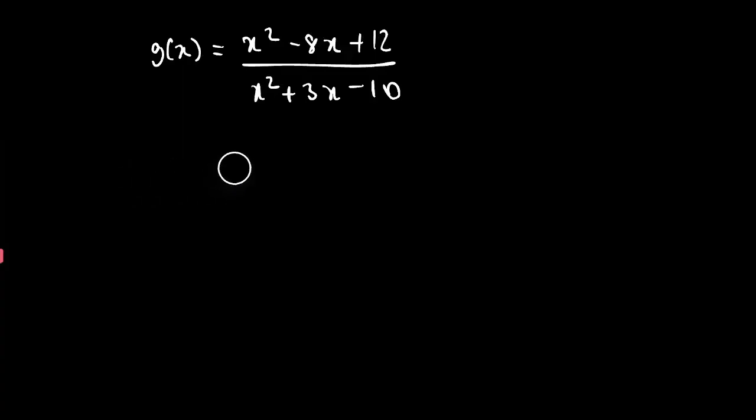An easy way to do that is if we simply factor it down, right? If we factor the numerator and denominator of this function, it may be easier to identify at what points we will have the zeros of the denominator. So if we want to factor out the numerator, right?